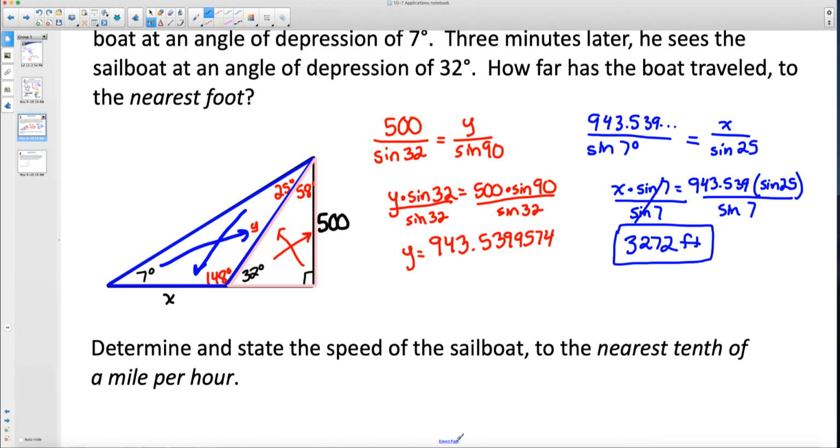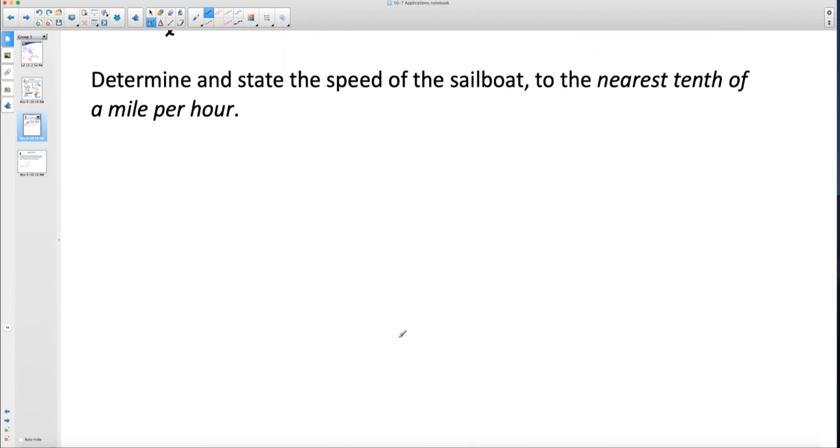So our speed right now is 3,272 feet every 3 minutes. But we want to convert it over to miles per hour.